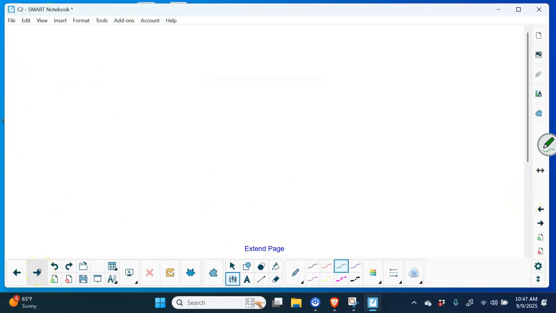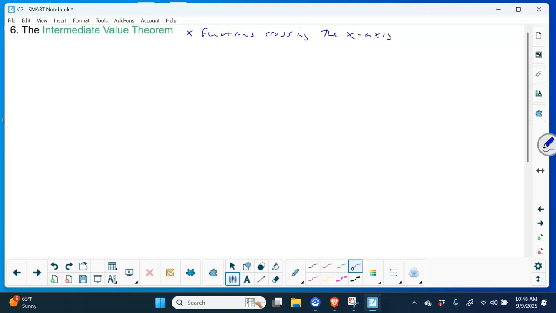Okay, let's get to the last thing, the intermediate value theorem. So this is functions crossing the x-axis between a and b.